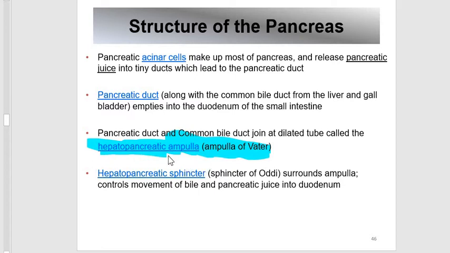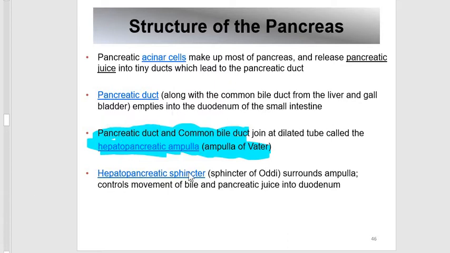You see that the pancreatic duct ends up there along with the common bile duct. We talked about the common bile duct a little bit, but we'll talk about it more in this chapter. But the common bile duct empties there as well, and then the ampulla of Vater empties into the duodenum of the small intestine, right?